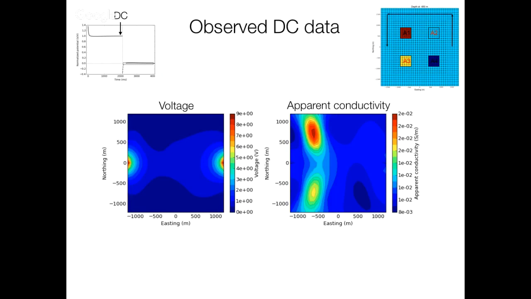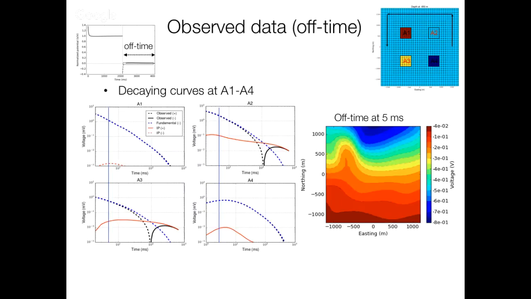I got a high conductor here, slightly less there, and it looks like I got a resistor there. So the DC is showing something just in the data. What do we have with time? So we're going to look at various time decay curves here.